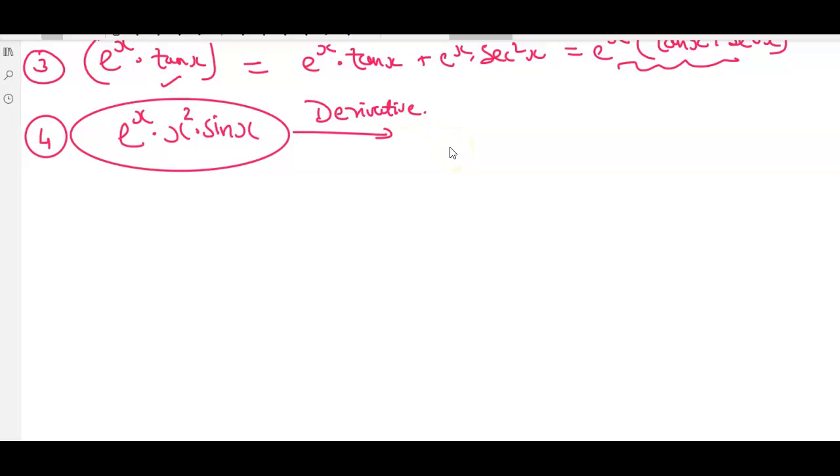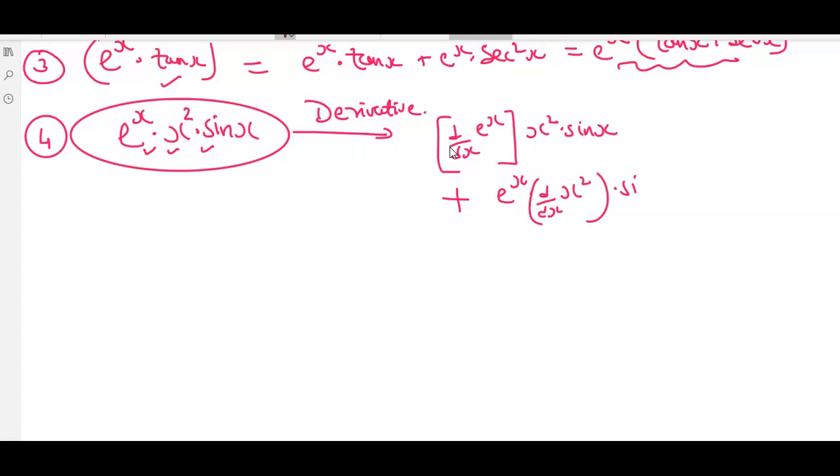Now sometimes we want to do the derivative of three functions, we have to do it like this only. It is derivative of first, rest of the two functions, x square into sin x as it is, plus e to the power x as it is, then derivative of x square, sin x will remain same, similar pattern. Now plus e to the power x into x square, then derivative of sin x.